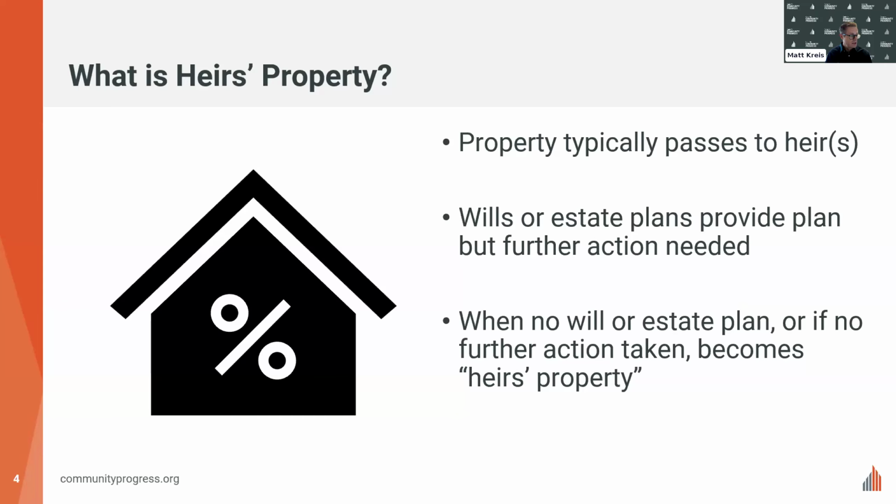There's a question on the title to the property as to who owns it, who has control of it, right? And so title gets fractured amongst multiple heirs in many cases, or eventually that heir passes away and passes it on to theirs. And so that fracturing continues to happen and makes it really difficult to manage.